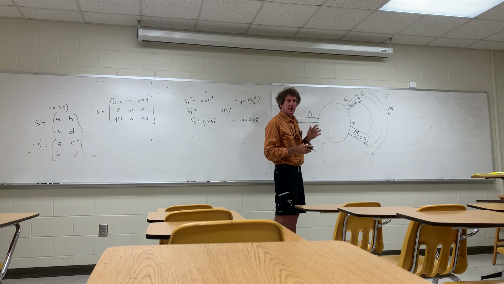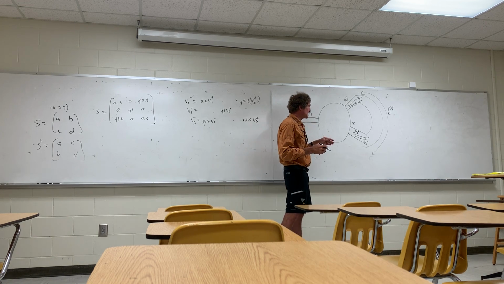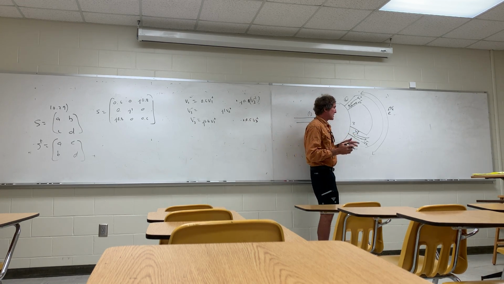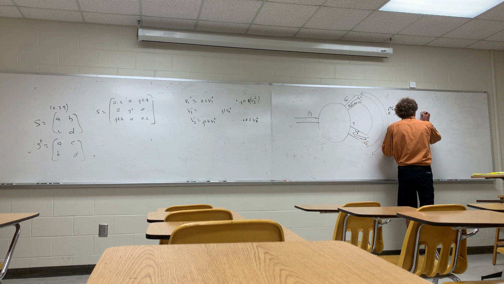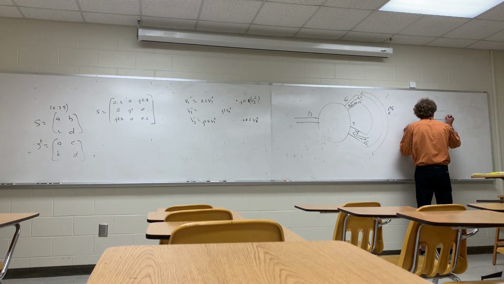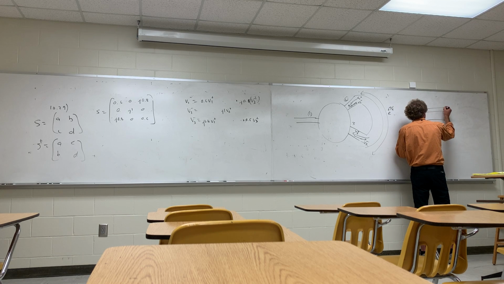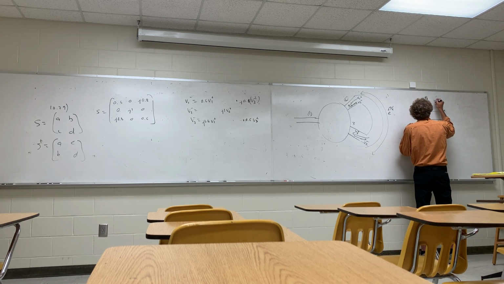Y'all with me? Now anytime you have phase change, here's what happens. If I just have a length of line, and it's got so much phase change, say e to the j pi over 4 phase change, and you can put it in degrees if you want, e to the j 45 degrees.